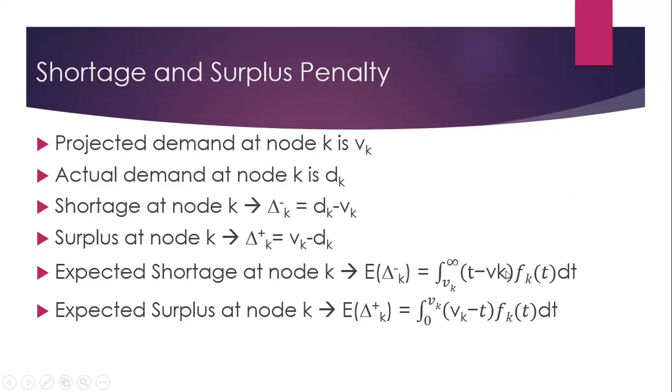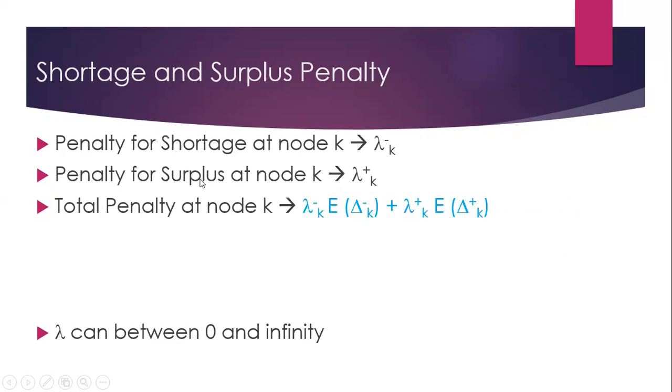This K here is a subscript. So penalty for shortage at node K is represented by lambda K minus, and penalty for surplus at node K is represented by lambda K plus, then total penalty at node K is given by this term. And lambda can be between 0 and infinity. So this is the shortage and surplus cost.